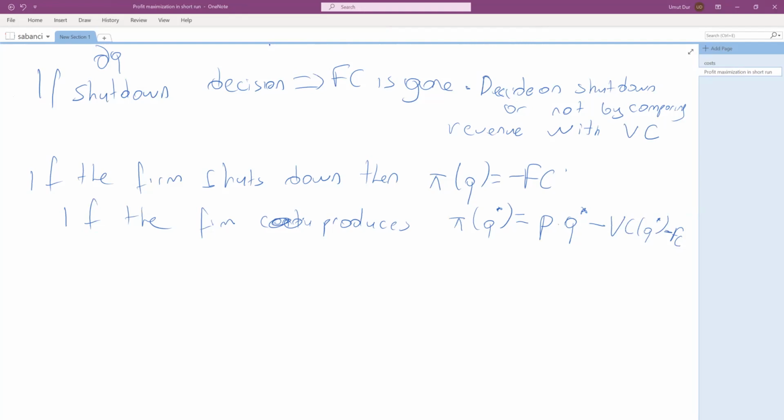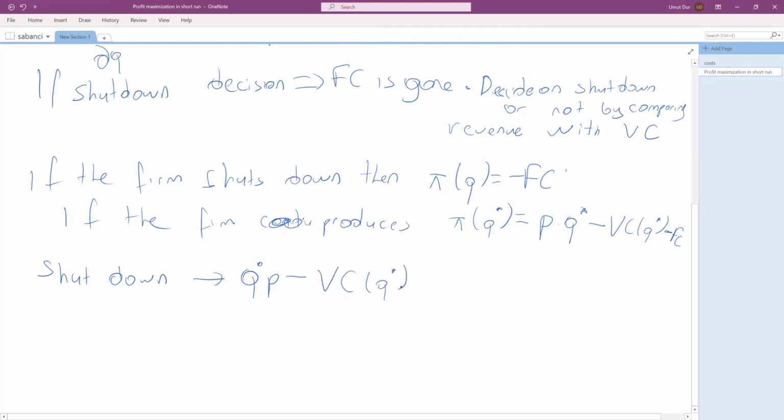So shutdown decision will be given if the following holds. The optimum level of your revenue minus variable cost at the optimum level, if this is less than 0, you shut down.